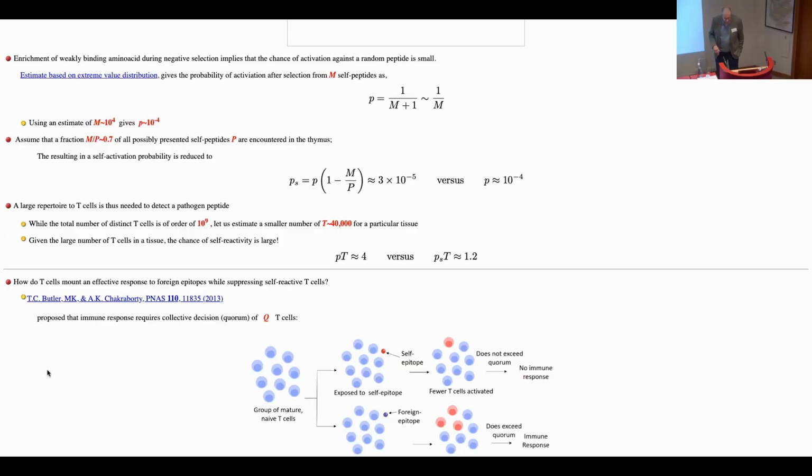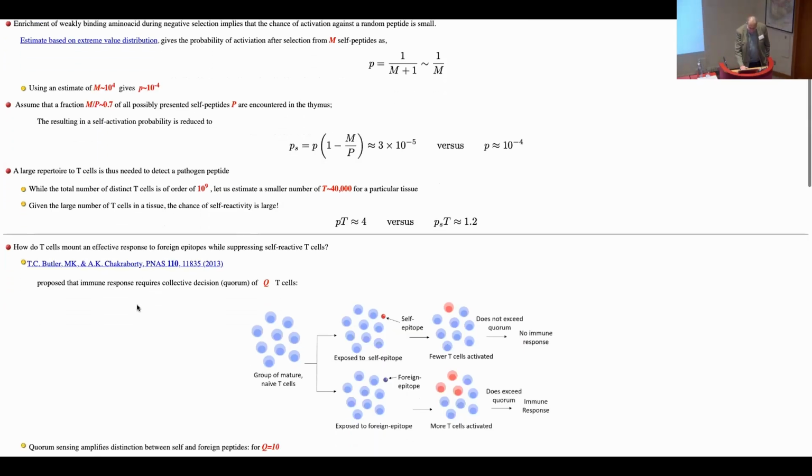This interesting calculation shows you that T cells that have gone through thymic selection, which say of the order of 10,000 self-peptides, if they encounter a new random peptide, the chance that they react to that is of the order of 10 to the minus 4.